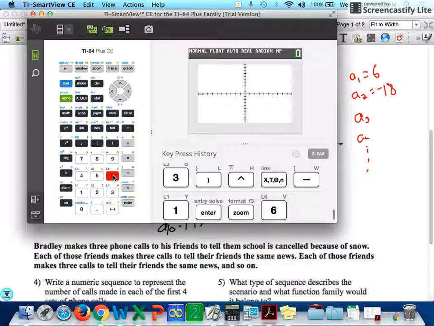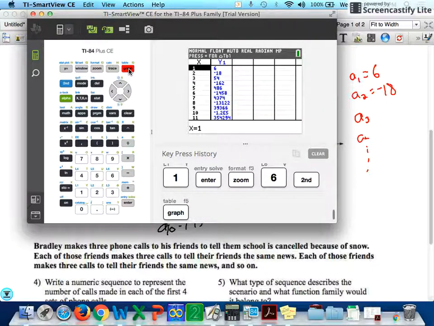So, I don't know what to do from here. But what I was trying to do was graph these points one at a time. So if I go second table, it spits out, starting with our first term of 6, second term, -18, like we thought it would be, and then it tells me all these other ones, okay? These are getting to be some really big numbers. And look, right here we end up with this just giant, massive number. It's going to be somewhere around the 102,000 sort of range.